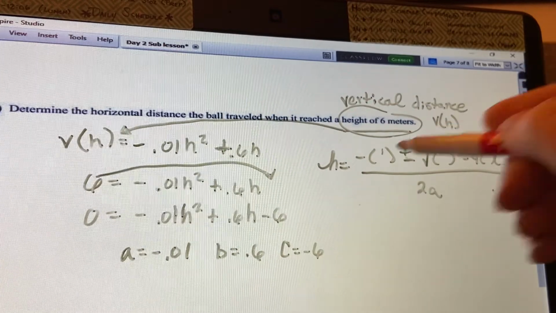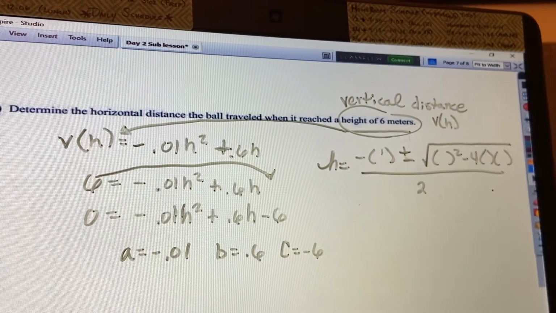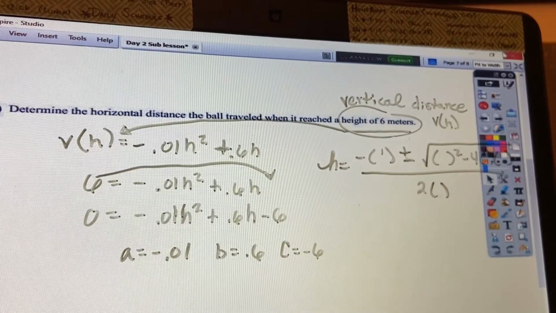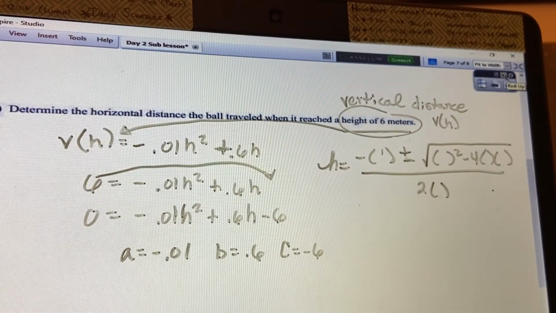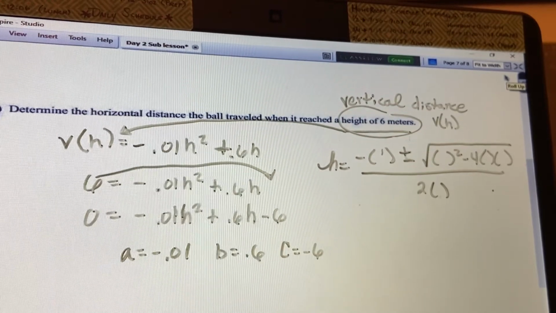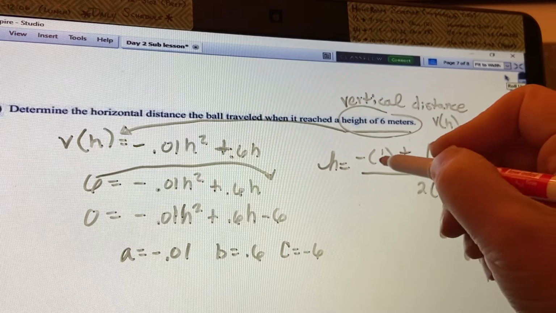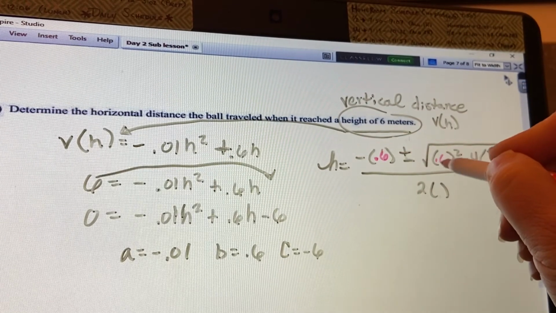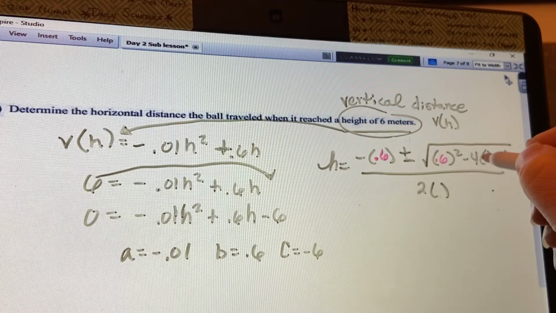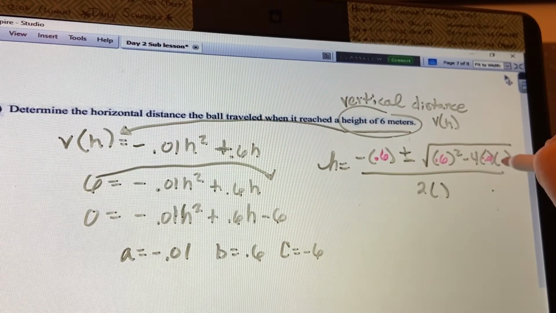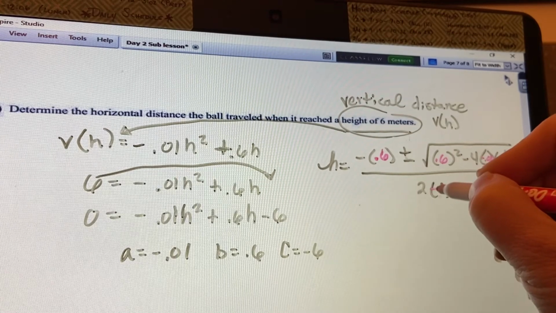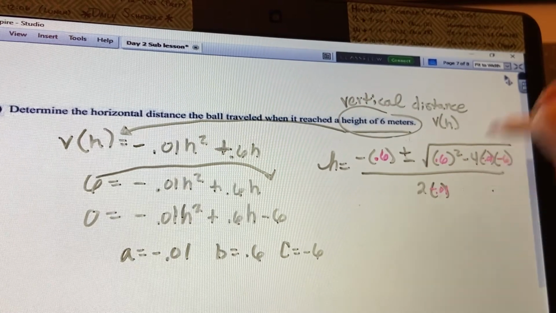B goes in the first two. Okay, I'll put the b in here. 0.6, 0.6. 4 times a, so this is negative 0.01. Your c is negative 6, and all over 2a, so negative 0.01 again.